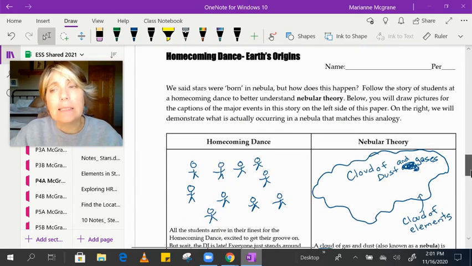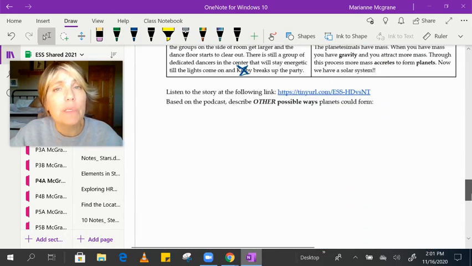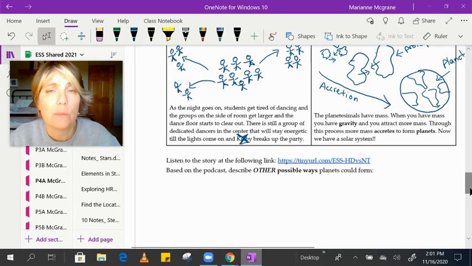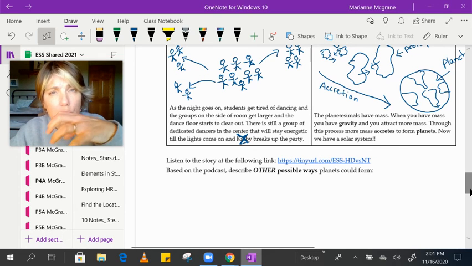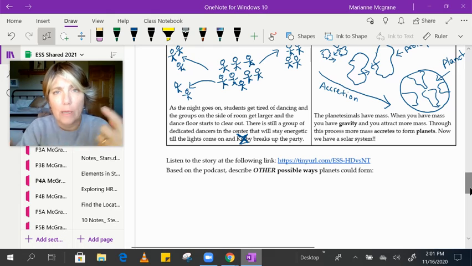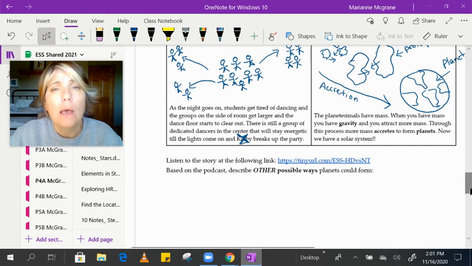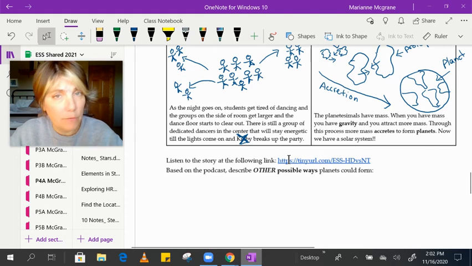So that is the latest, most accepted theory for how solar systems are created, how the center star is created, and then the planets are created around that center star. But there are other ideas for possible ways planets could form. And I want you to go ahead, if you're interested, to look at this podcast that I have linked here, and it describes these other ways.